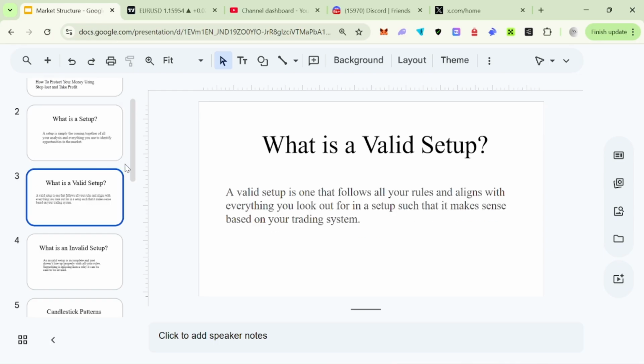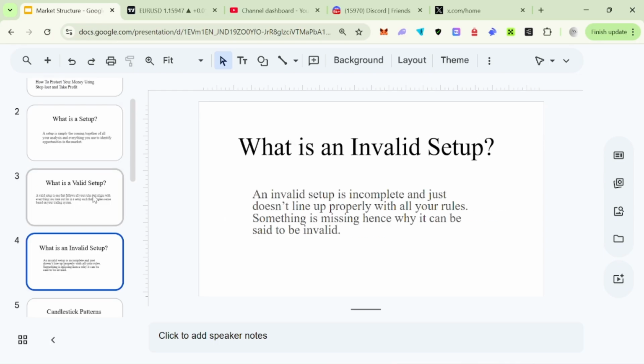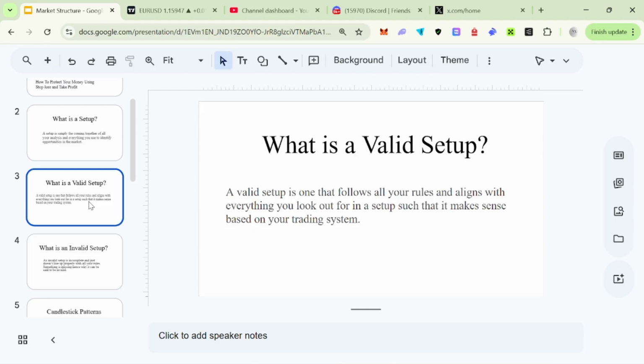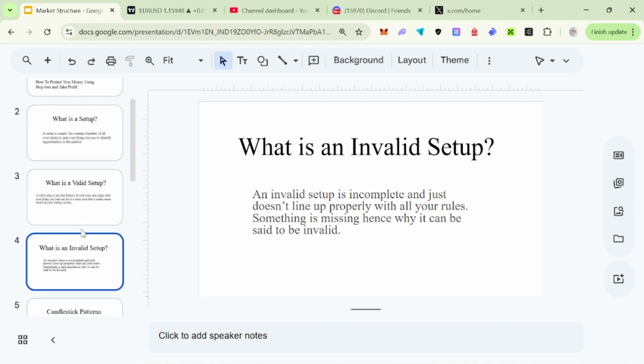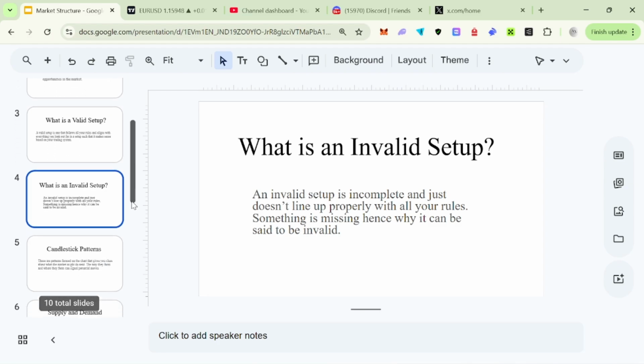We have a valid setup and we have an invalid setup. A valid setup follows all your rules and aligns with everything you look out for in a setup, such that it makes sense based on your trading system. But an invalid setup is the opposite, and it doesn't line up properly with all your rules. Something is missing, hence why it is said to be invalid.